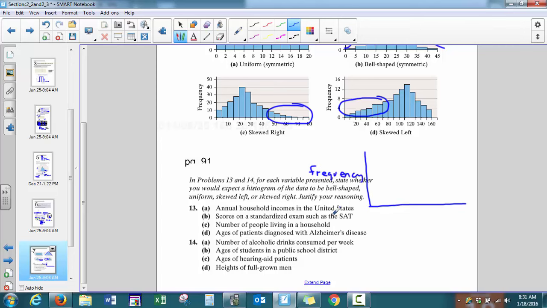So if you look at number 13A, annual household incomes of the United States. So this would be incomes. And you have to think about, let's say this is $0, $50,000, $100,000. And you think about everybody in the United States.